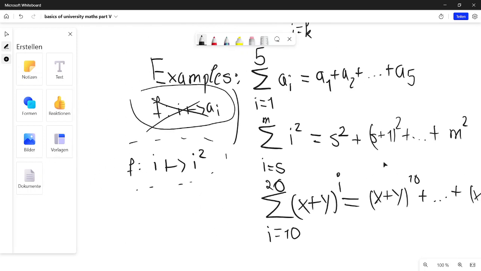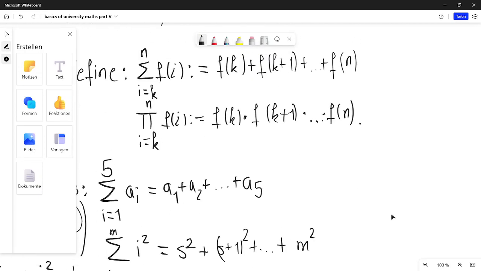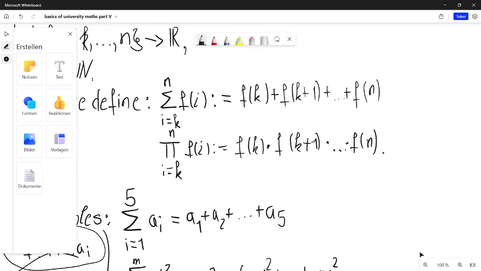Okay, then there are some definitions, and they are really just definitions.